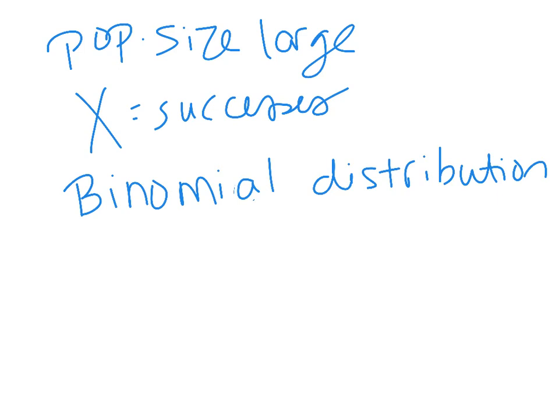So if our population size is really, really large, then our X values, our successes here, can have a binomial distribution.